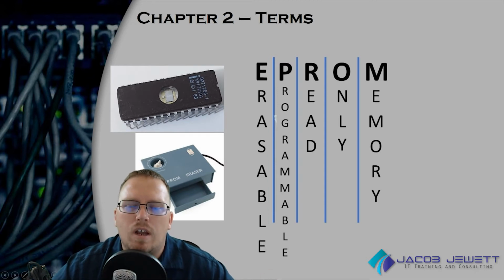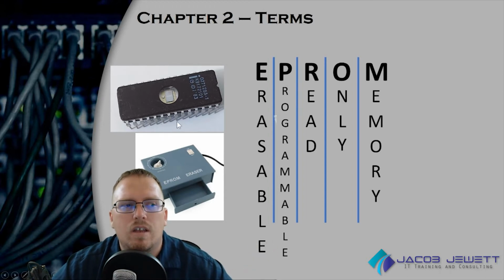There is a limit to how many times you can do this, and it varies chip to chip, but you can get away with it. Now, after you're done programming this chip, a lot of times you'll see that these chips have a white label placed over them, and you'll see that in my later slides. Basically, people put that white label over that chip to make sure that no errant UV light gets through.